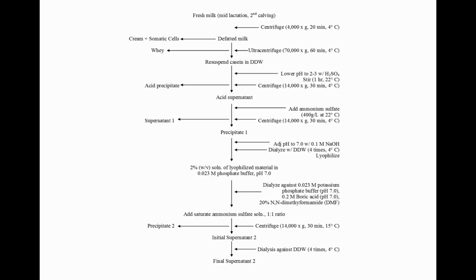So, we know that the inhibitor that we're trying to separate is associated with the casein portion of the milk. So, we don't want the whey, so when we ultracentrifuge, we can throw away the whey and take the casein. And then the casein is resuspended in water and the pH is lowered. When you lower the pH, we are also precipitating some proteins that we don't want.